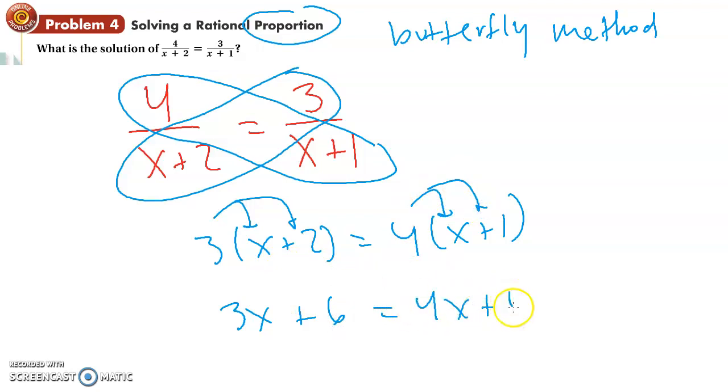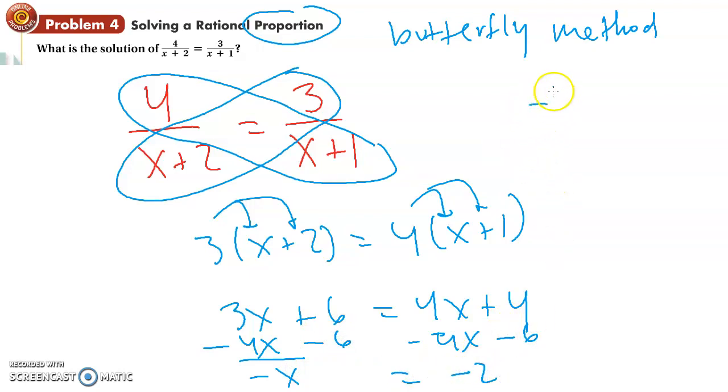4x plus 4. And I can just move the x's onto the same side, minus 4x, get negative x, subtract 6 on both sides, and I get equals negative 2. So if negative x is equal to negative 2, then x is equal to 2.